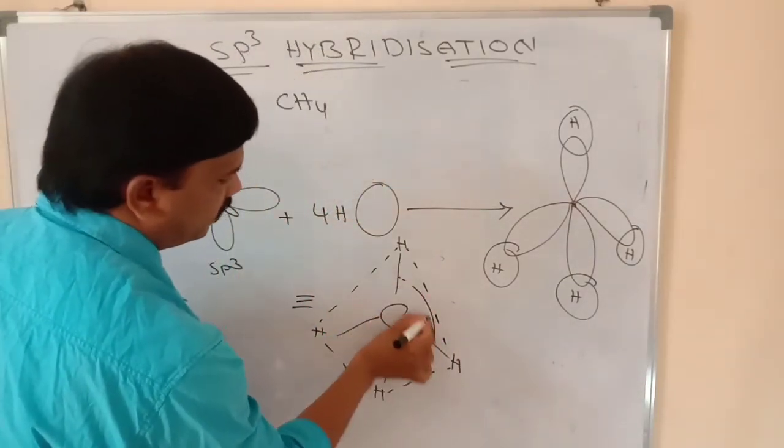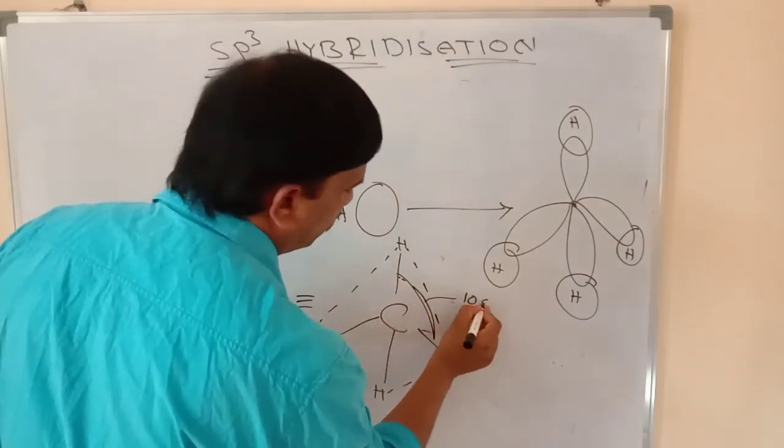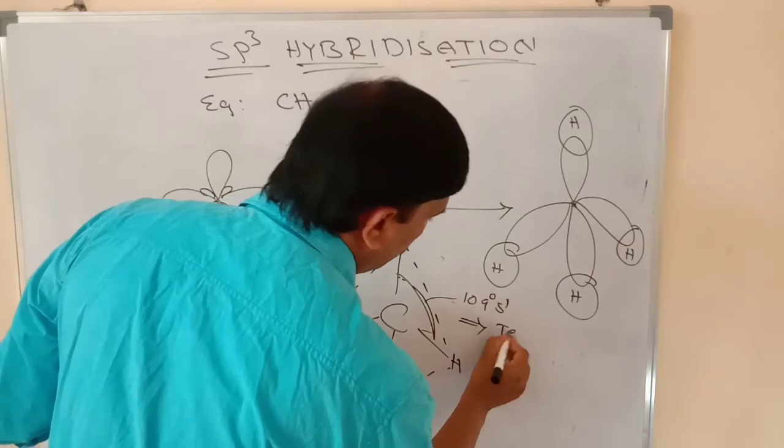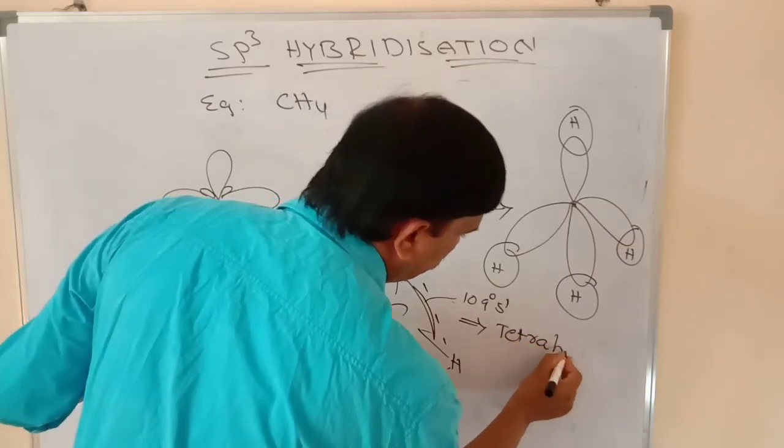The bond angle is 109 degrees 5 minutes, and the shape of the molecule is tetrahedral.